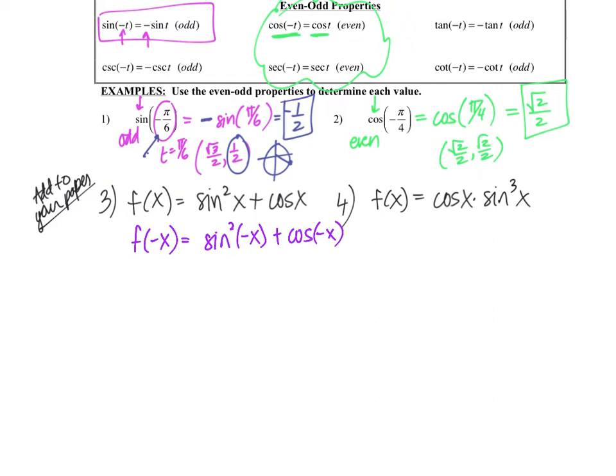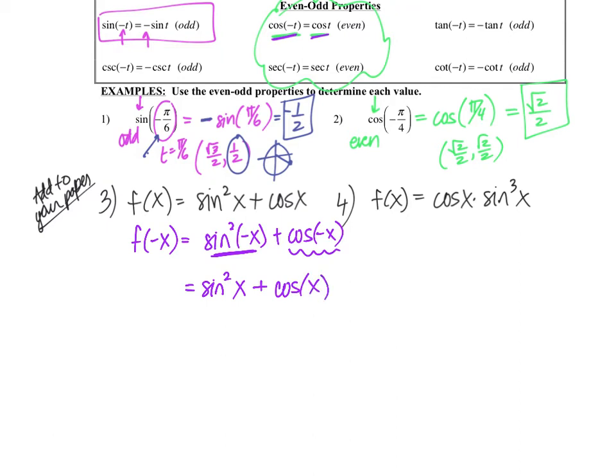Here's the deal, guys. Whatever my sign is, when I square it, it becomes positive. Anything squared is positive. Therefore, this is going to be the same as the sine squared of x. Plus, the cosine of x is already even. It means that if I have the negative value in there, it's exactly the same as the positive value.